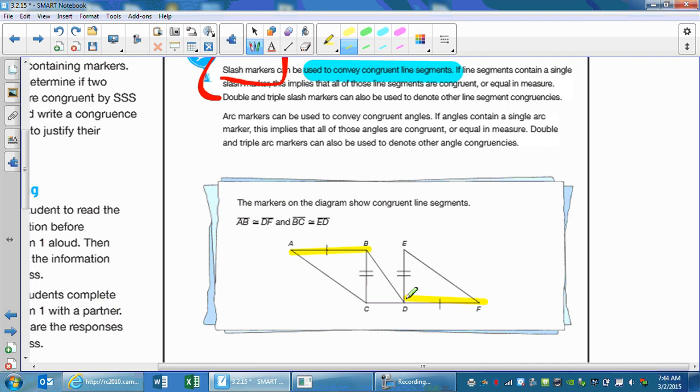And we should have seen this before, I think. Okay, now these two guys, since there's a double, this goes with this. So that would mean BC is congruent to DE. And look, they told us that right there, and that's the shortcut way to write it.